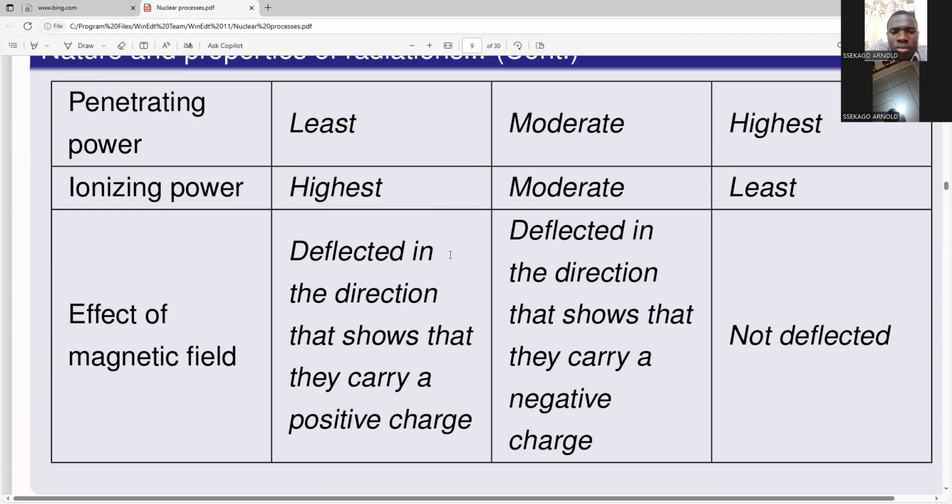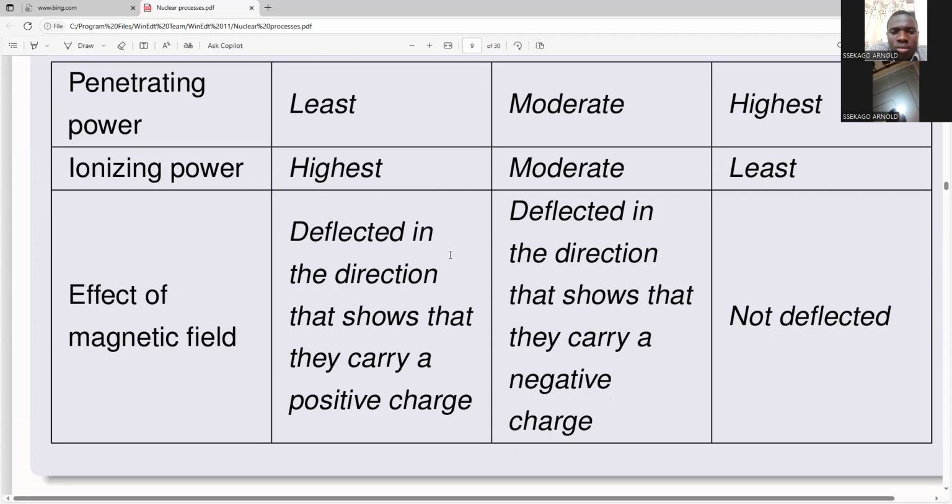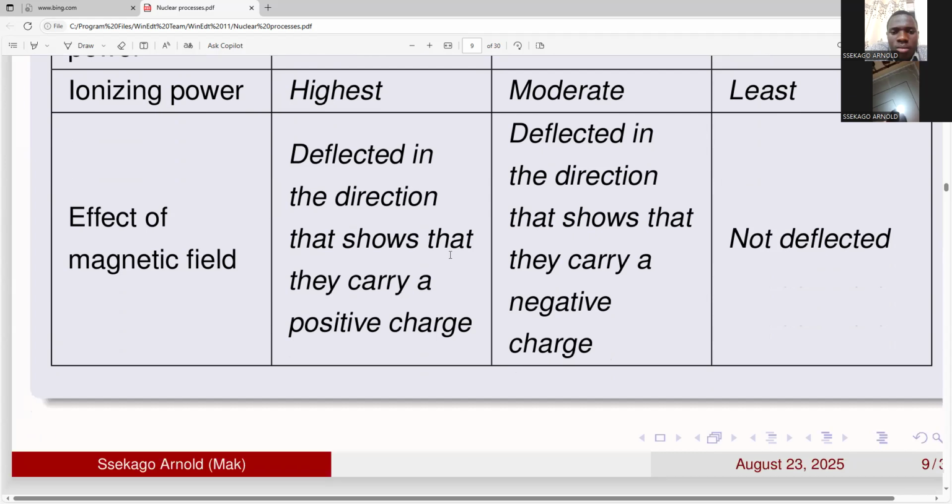Next, we look at the effect of magnetic field. This is somehow opposite to the effect of electric field. I told you in an electric field you have a negative pole and a positive pole. For a magnetic field, you have a south pole and a north pole.